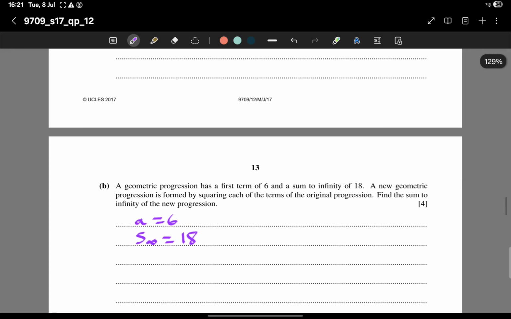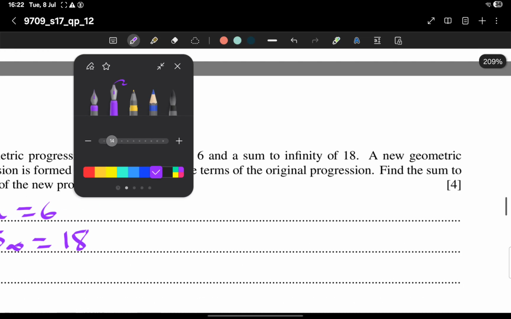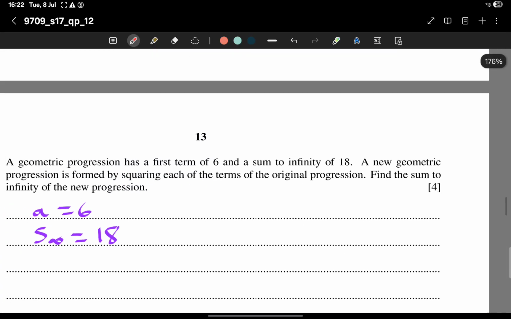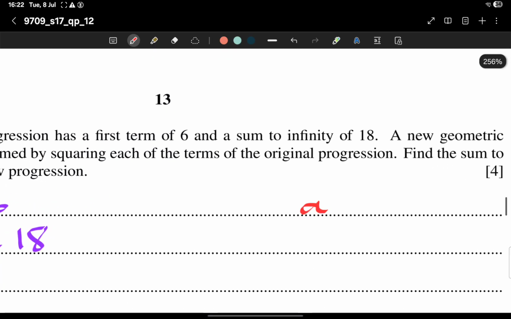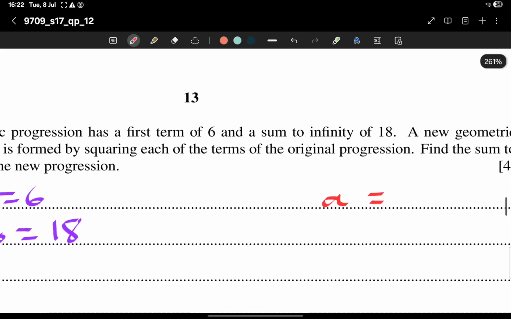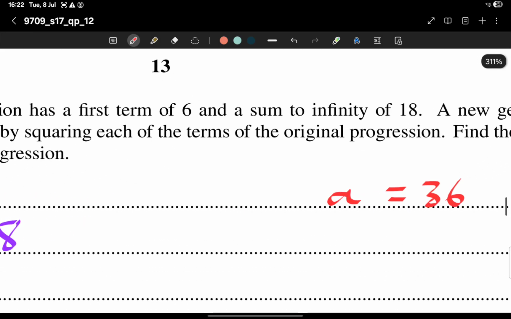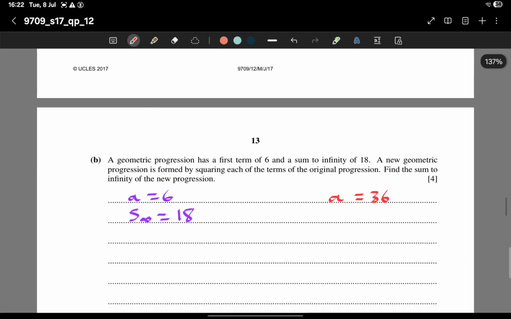A new geometric progression is formed by squaring each of the terms of the original progression. So the a for the new one will be 6 squared, that will be 36. Then find the sum to infinity of the new progression.